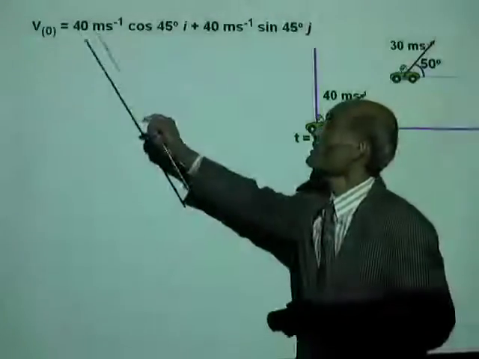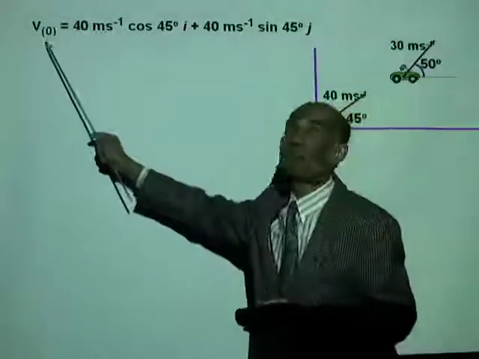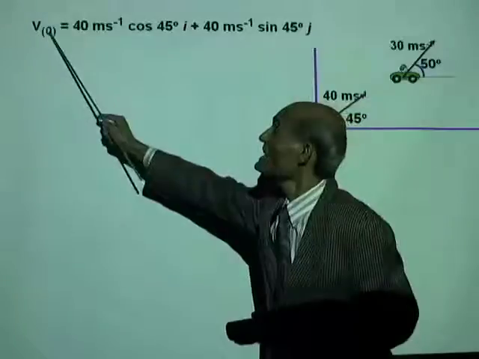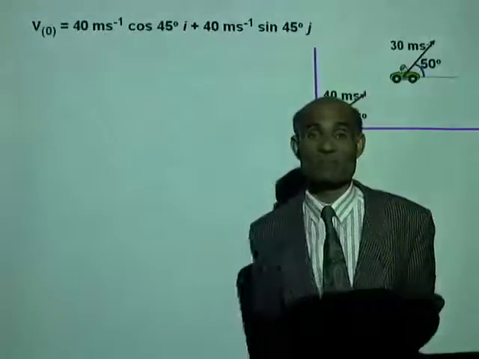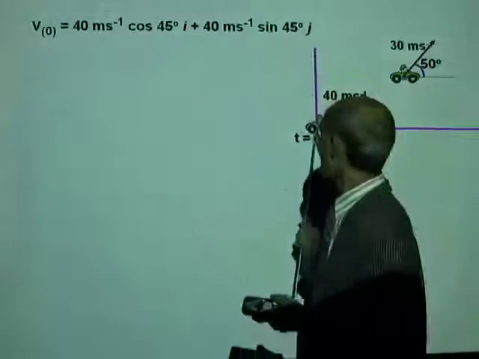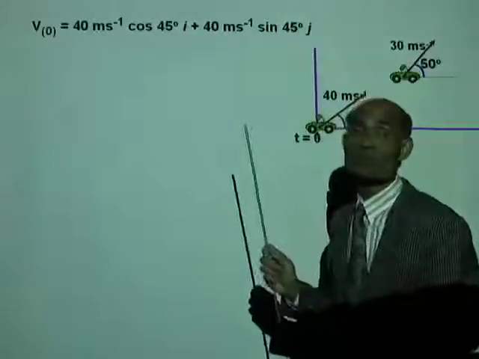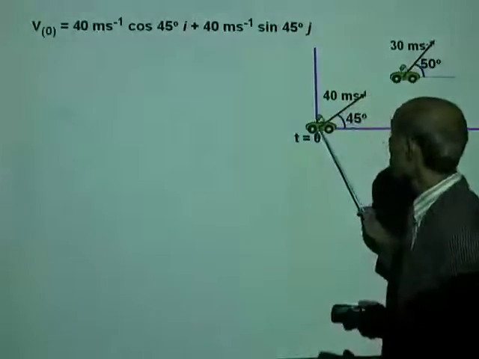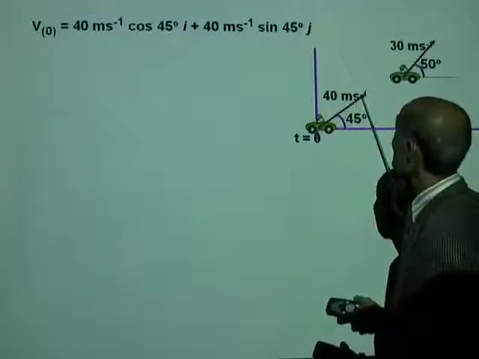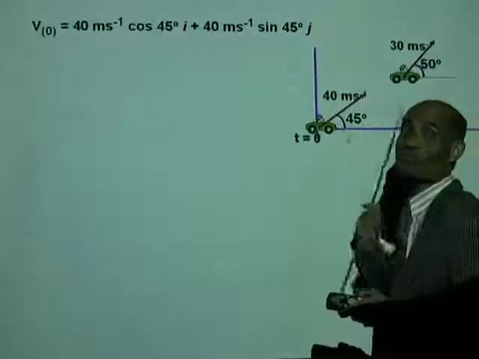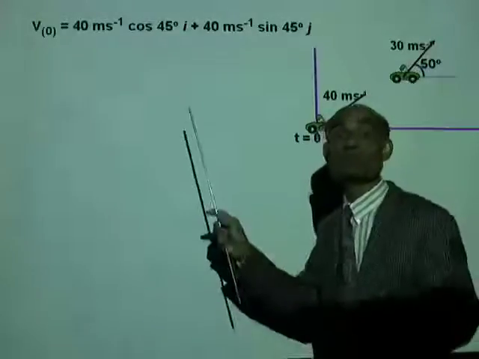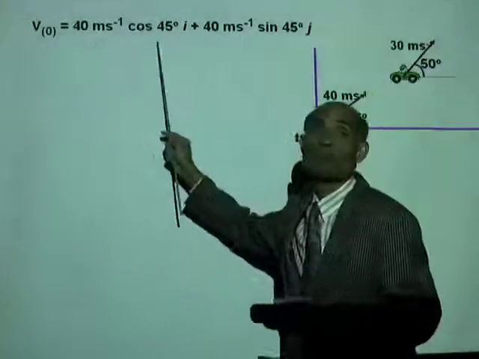Alright, now we have the velocity. We need to find the average acceleration. Is that right? What is the velocity at t equal to 0? The velocity at t equal to 0 is 40 meters per second at an angle 45 degrees. That means you need to write that in the component form.